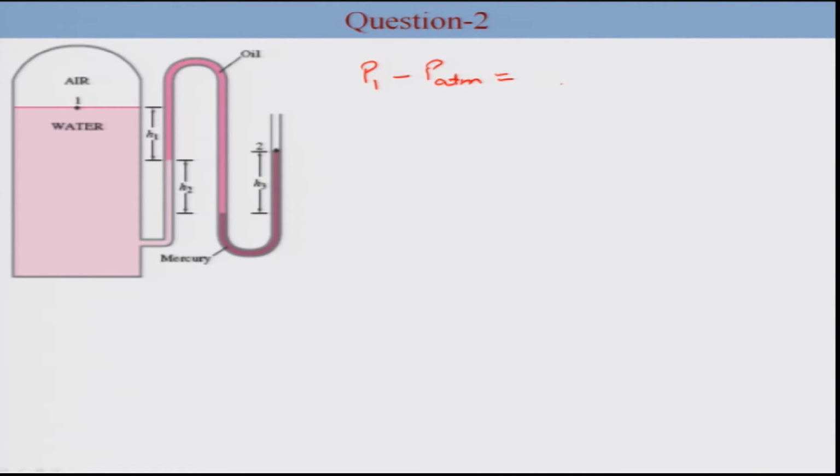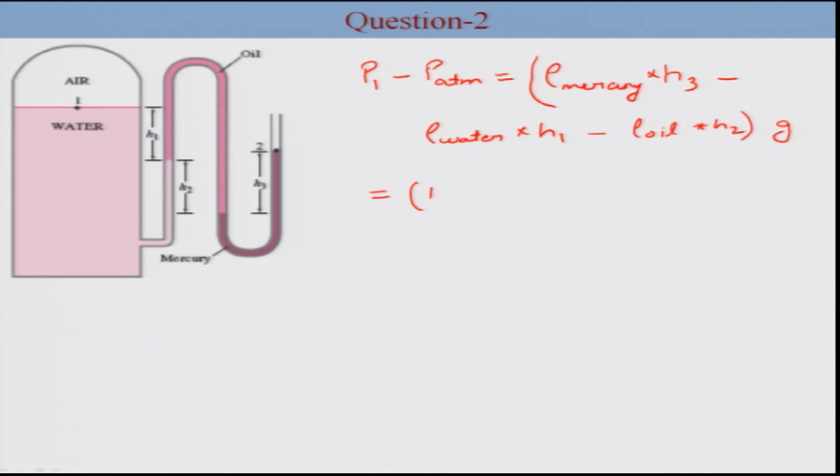So this expression simplifies to rho mercury into H3 minus density of water into H1 minus density of oil into H2, and completely multiplied by g, as g is taken common.